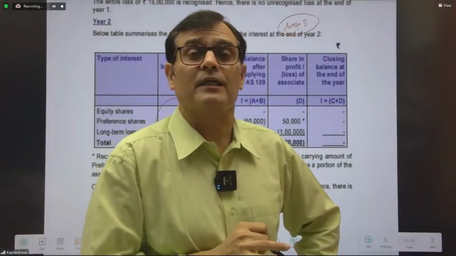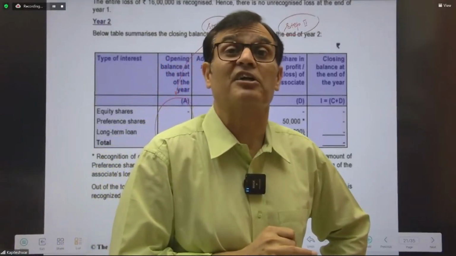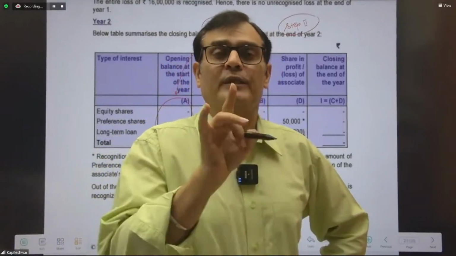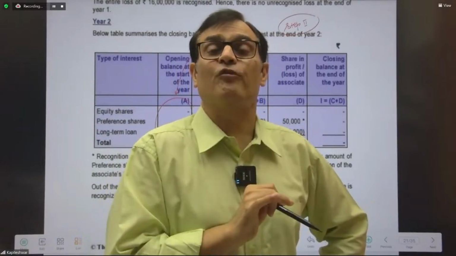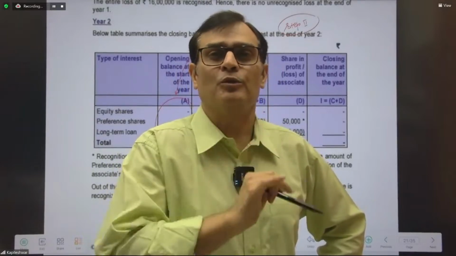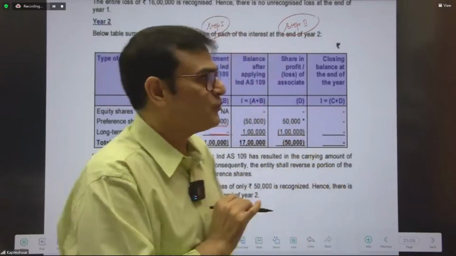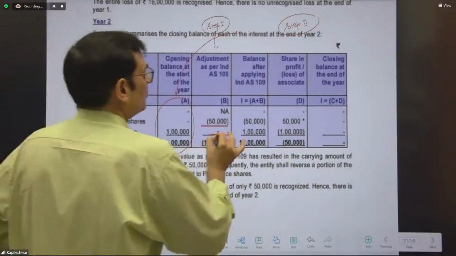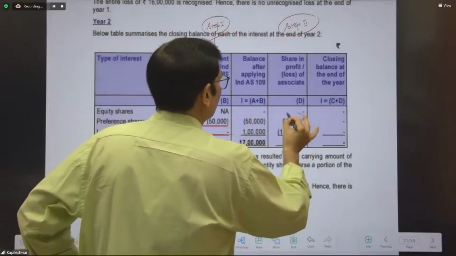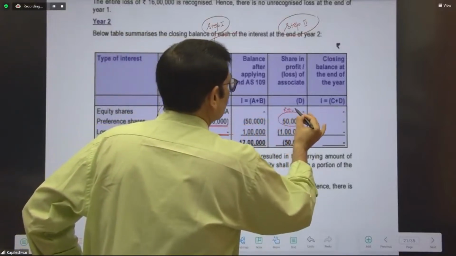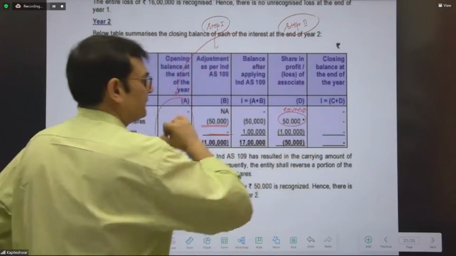So the 50 losses given earlier are reversed. You gave them a loss of 4,50,000, but now you realize that you should have given them a loss of only 4 lakh, so the 50,000 excess loss is going to be reversed.